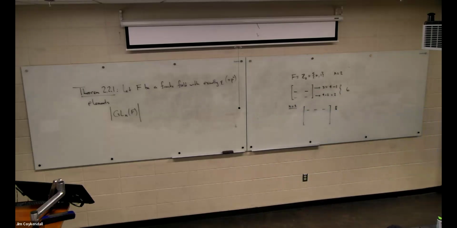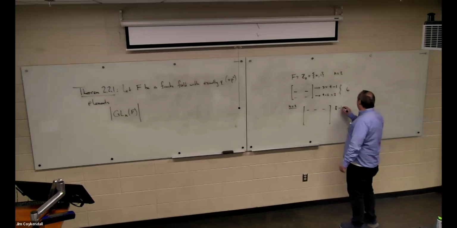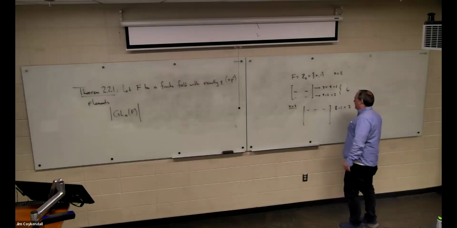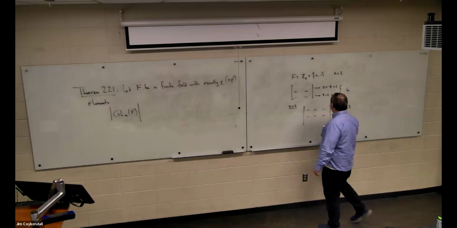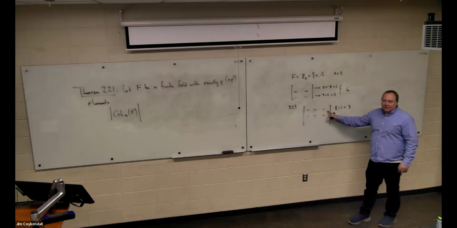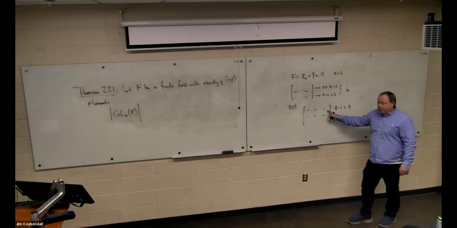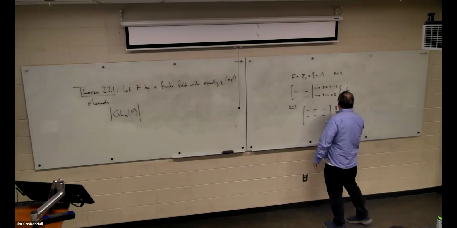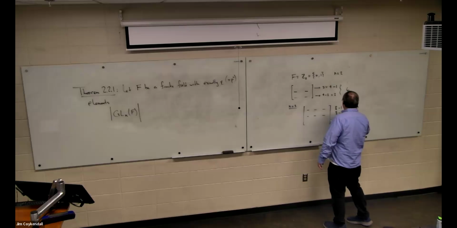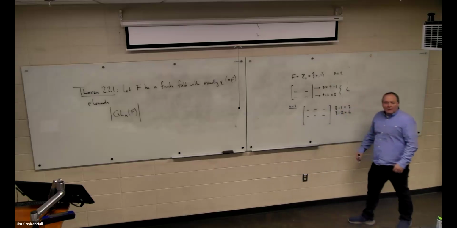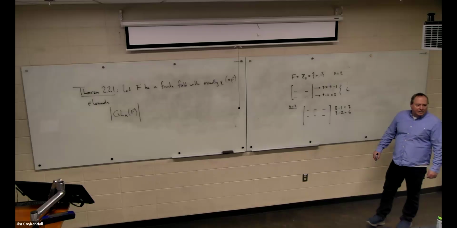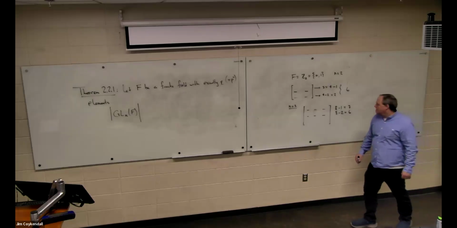Well, what can I not choose for that first row? I can't choose all 0, and there's only one way to do that. So I've got 7 choices here. Once I've done this, I have to pick a row that's not a multiple of this, right? And there are 2 multiples of this row. Well, I've got 6 choices for the next. Everybody agree with that?